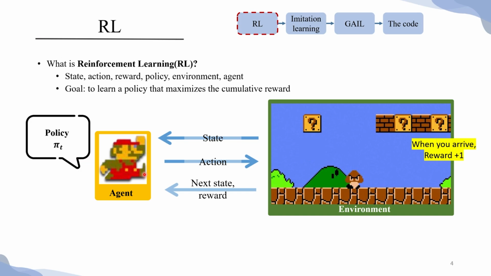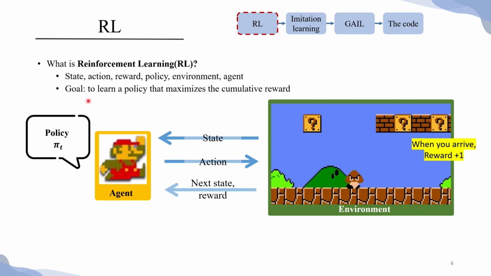When the agent decides to move in one of the directions like up, down, left, or right, the environment responds by giving a next state and a reward.